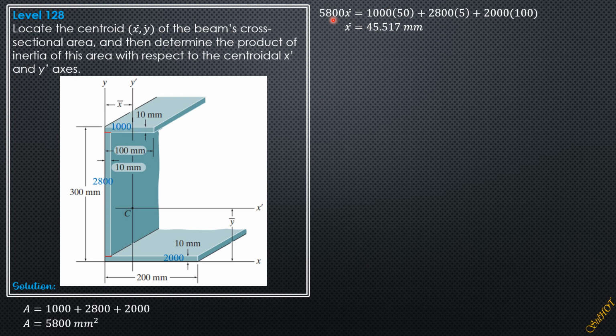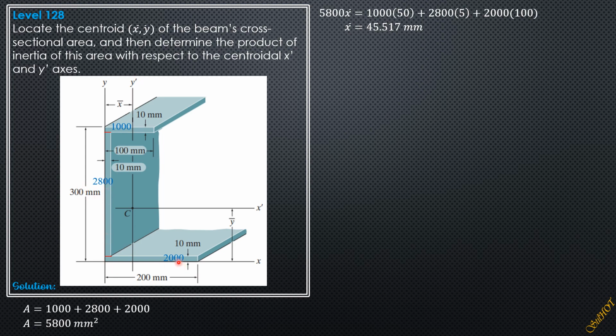Then similarly, 5800 bar y equals 1000 times the distance of the centroid of this area from the bottom, which is 300 minus 5 mm, so 295. While the bar y of 2800 is, by symmetry, half of 300, so 150.